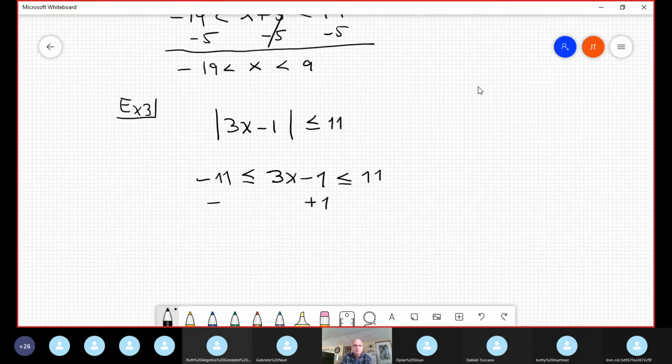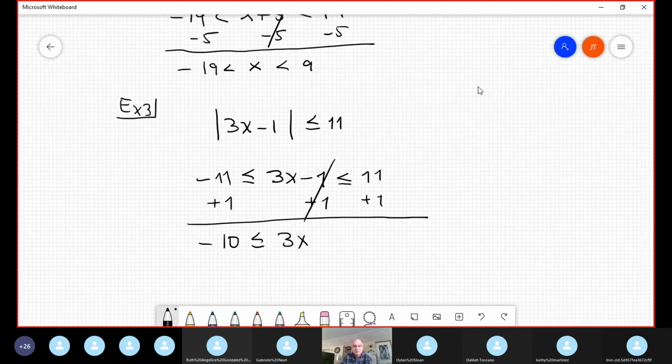Option 1. This is negative 10. This cancels 3x. And this is 12. Divided by 3, divided by 3, divided by 3.